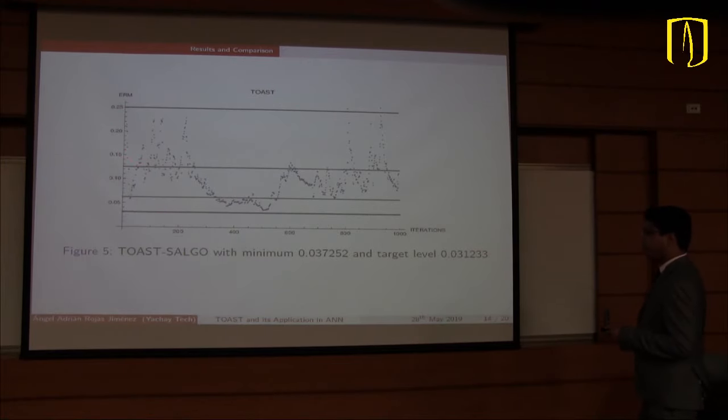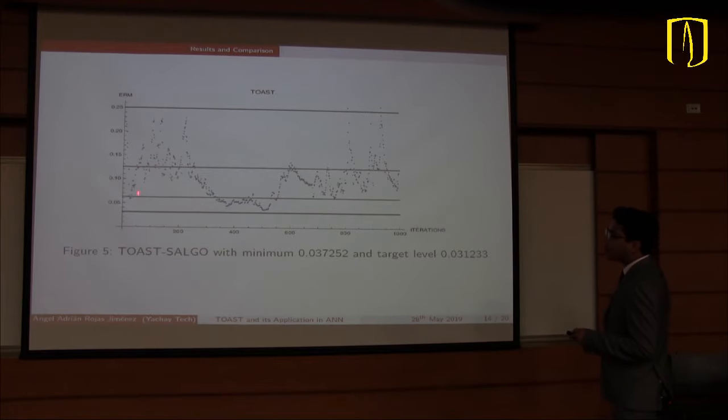Then, after some iterations, we go downhill and uphill in order to reach the new target level that is half of the last one. And then we have it again, but it is too ambitious now. However, the algorithm can go downhill and uphill in order to try to reach this new target level, where we think that the minimum is.